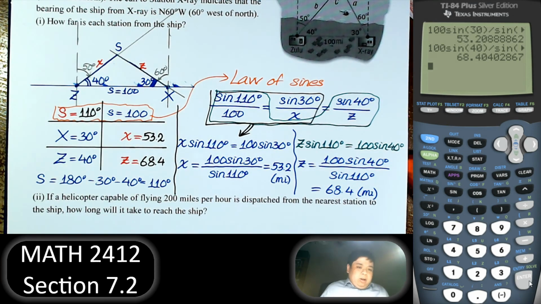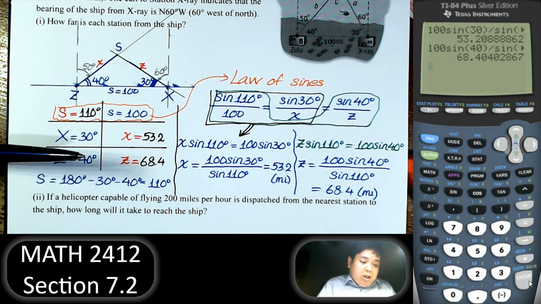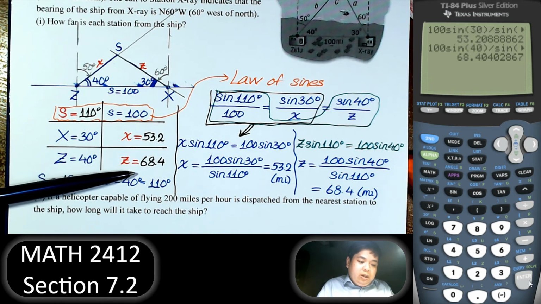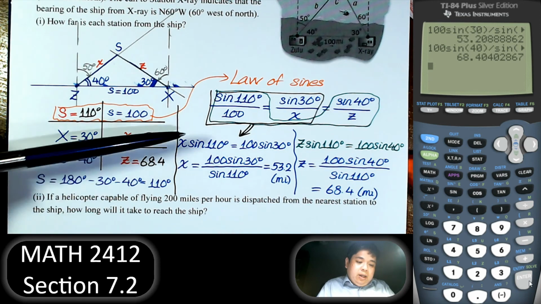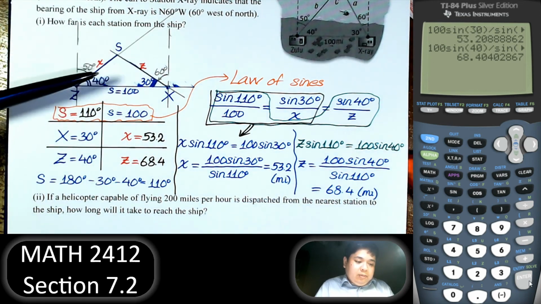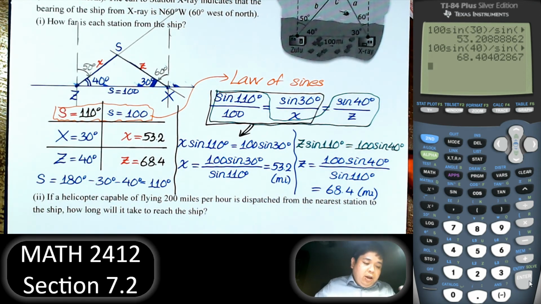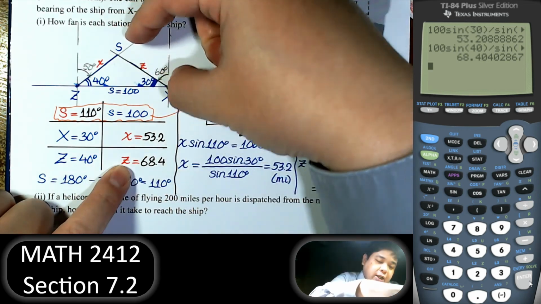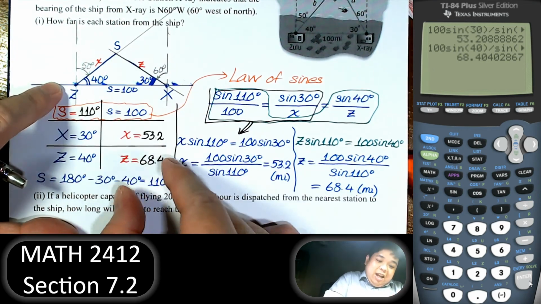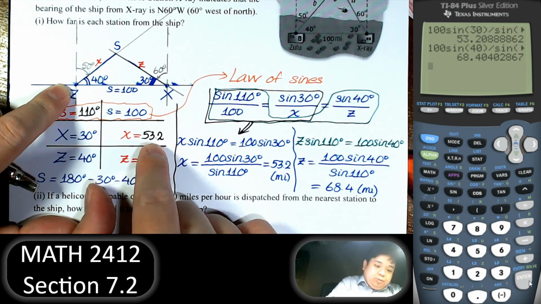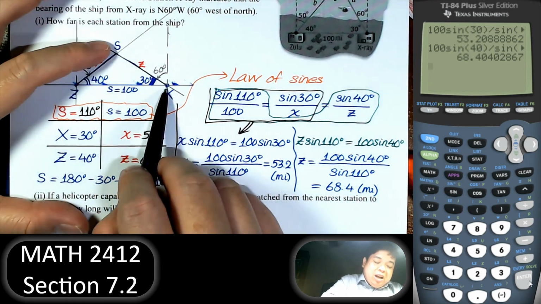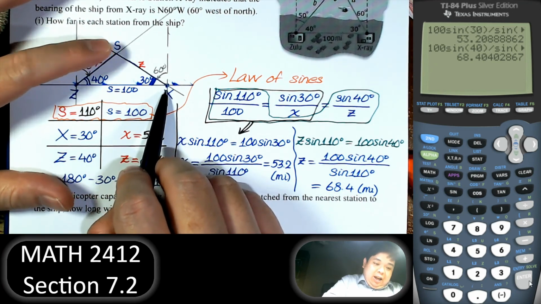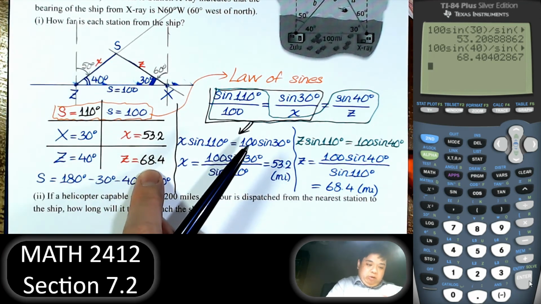Right, so from Zulu, that distance x is 53.2 miles, and from X-ray, it is z, which is 68.4.